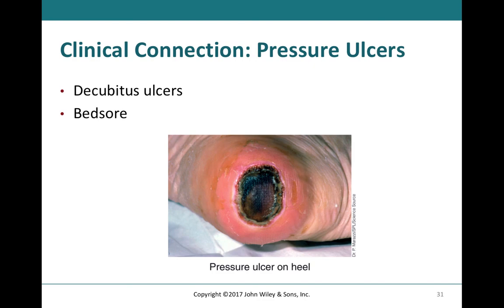Generally, it's going to be on a bony projection, and you've had prolonged pressure there against the object, so it can be pressure from the bed, hence a bed sore, or these can even occur when a person is in a cast or a splint. And so because you've had this prolonged pressure and deficiency of blood supply, the tissue becomes ulcerated, as you'll see here.